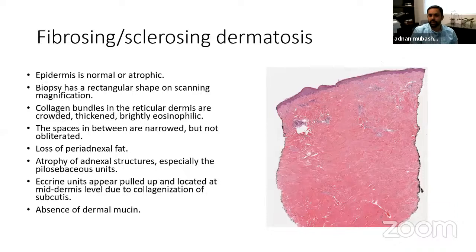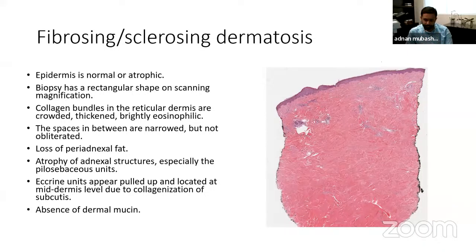Fibrosing disorders. In the fibrosing disorders, on the right side, you see that the biopsy usually shrinks after the skin is taken out from the patient, but in sclerosing or fibrosing disorders, because the skin is so thickened, it stays the same.